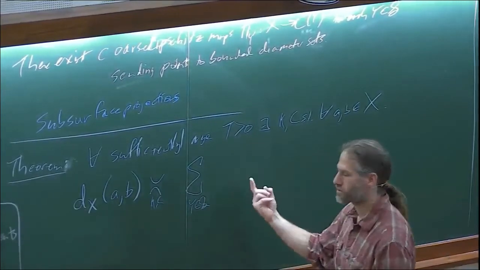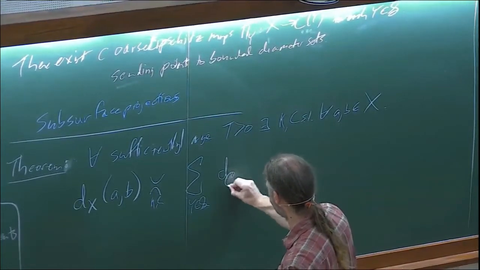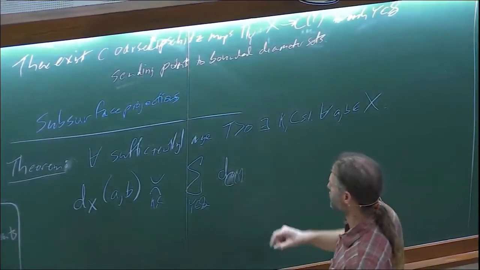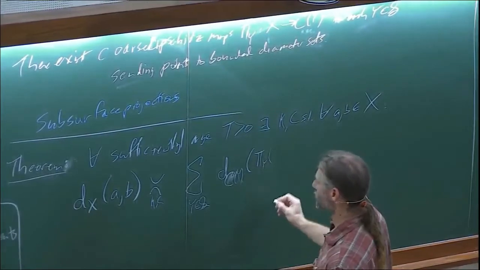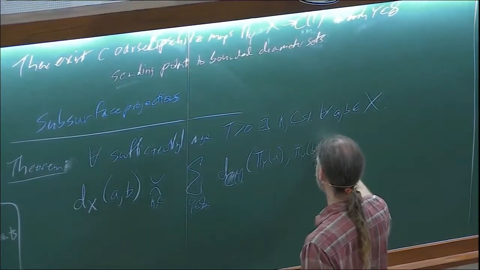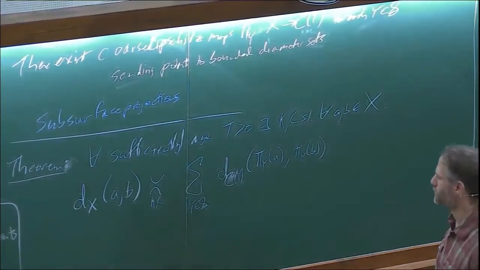And what do I sum? I sum the distance in the curve graph, in this hyperbolic space associated to y, of the projection to y of A and the projection to y of B. And again, everything was coarse, so this would be an infinite sum if you weren't careful.